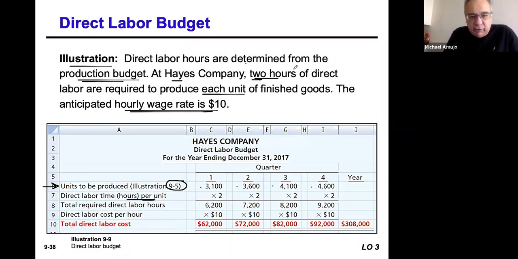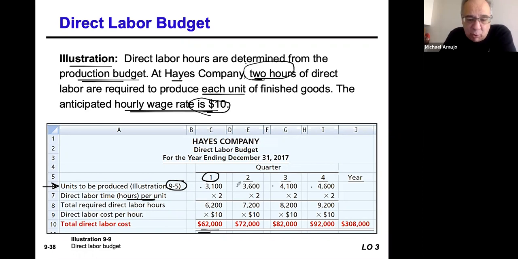And here it tells us it's 2 hours per unit, so times 2. So 6,200 hours are needed to produce those units in the first quarter alone. And again, they're $10 an hour, so you multiply that by 10. Just in the first quarter alone, you're going to have $62,000 of labor costs.